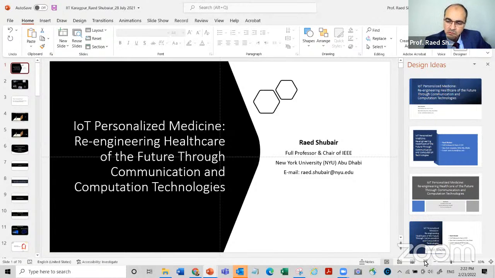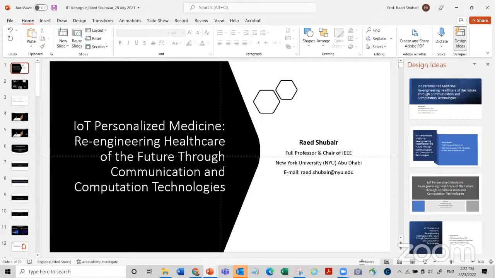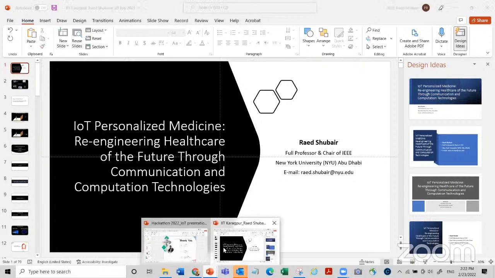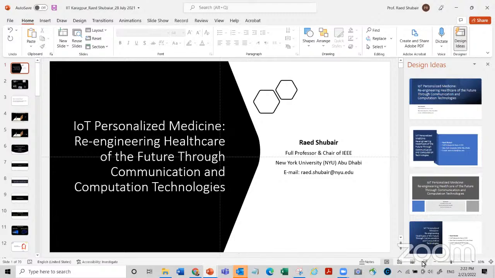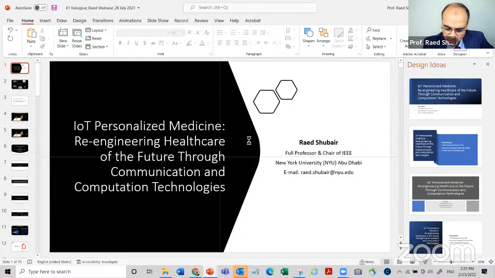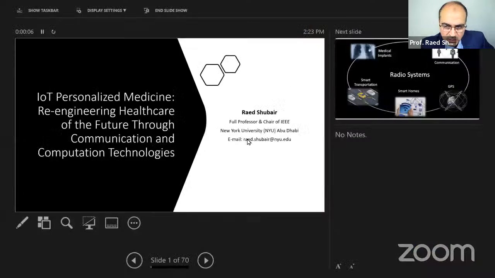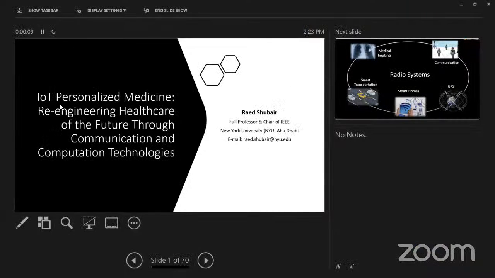Okay. Can you see now? Full screen? Yes, it's full screen, but press duplicate. I think you are using a second screen. Okay, sorry. Display mode and duplicate.